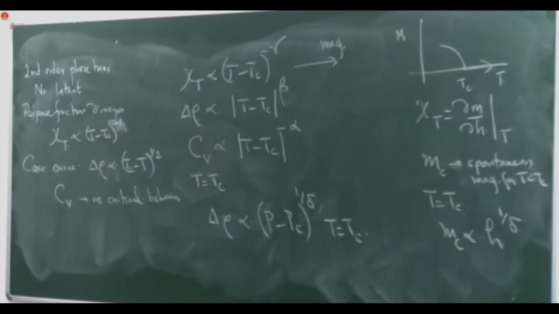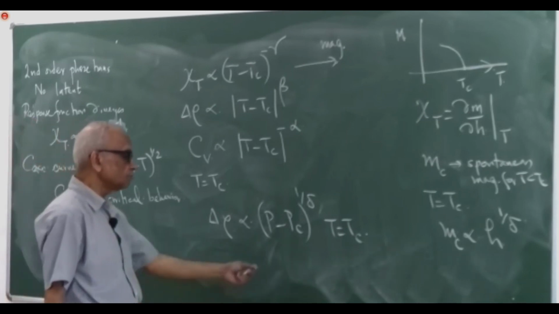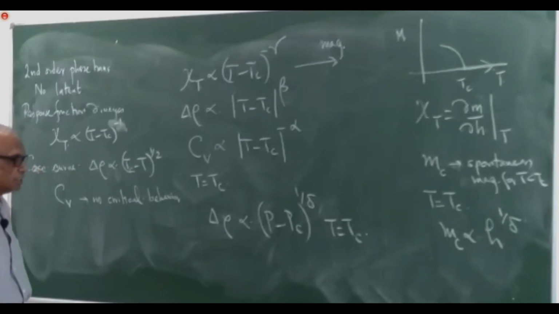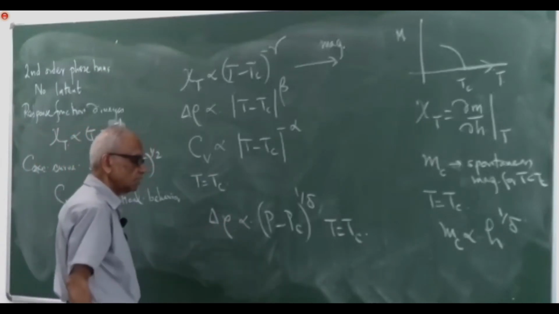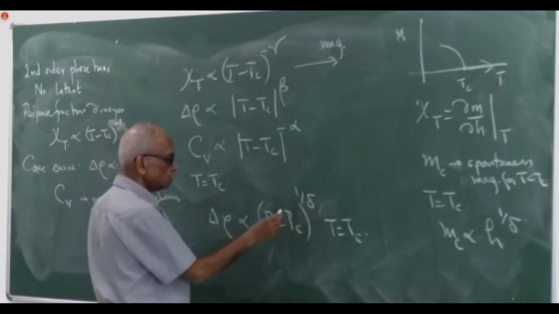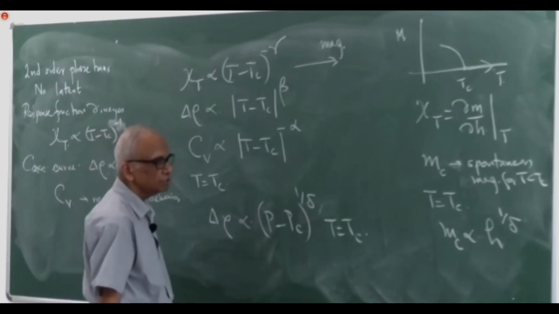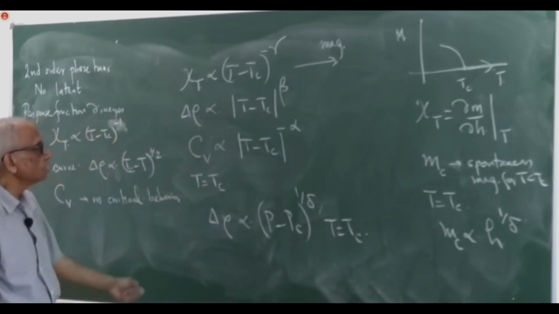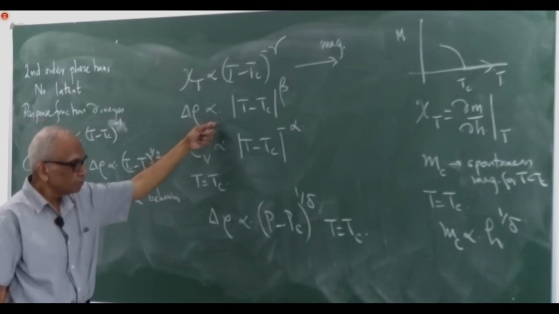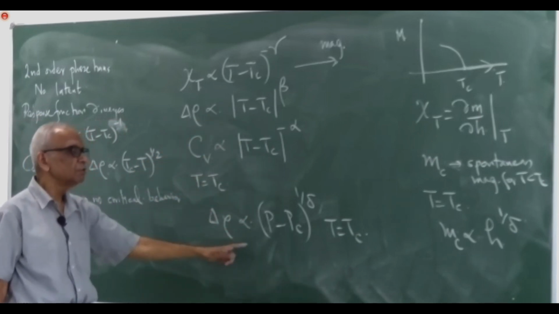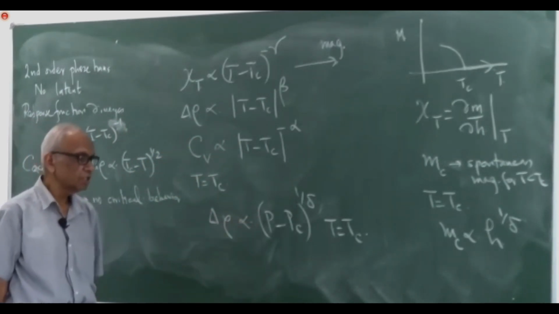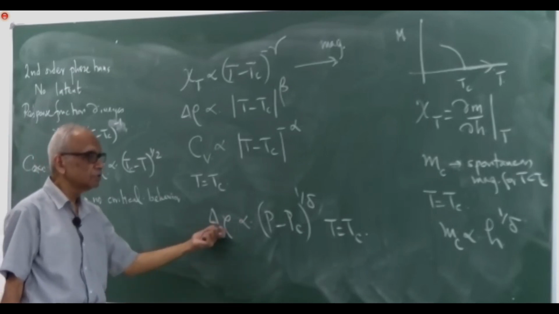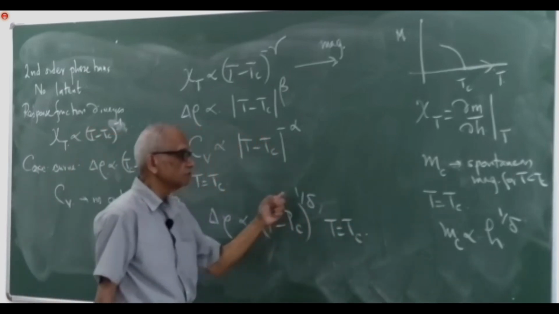So you change the pressure from around the critical pressure, and you can get some density produced if you sit at T equal to Tc, just as all these are with sitting at P equal to Pc. If I sit at T equal to Tc and let the pressure change from its critical value, there would still be a delta rho, and the exponent would be 1 over delta.